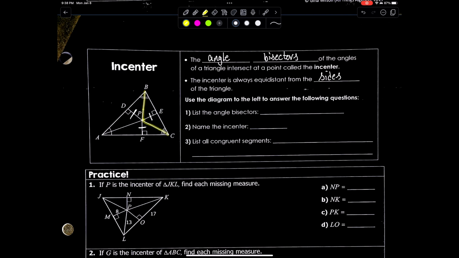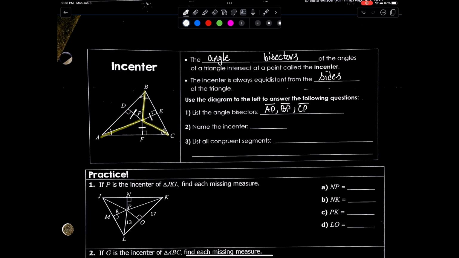Great. So the angle bisectors are the things that are coming out of the angles of the triangle and bisecting those angles. That's why we have those congruent angle symbols down there. So those are all of our angle bisectors, AP, BP, and CP. The incenter is the intersection of all of those angle bisectors.